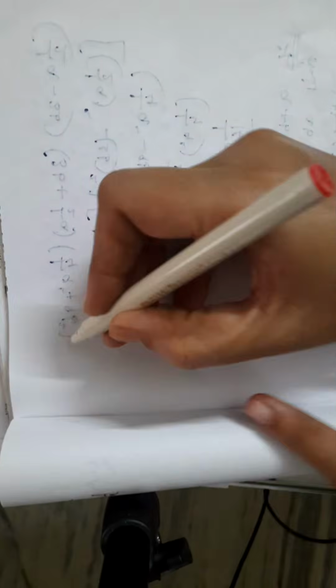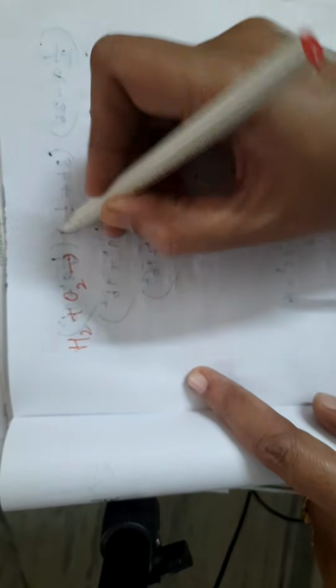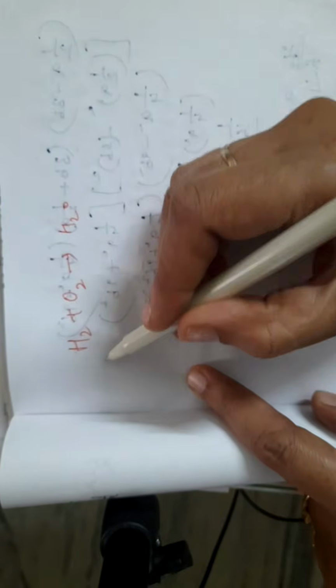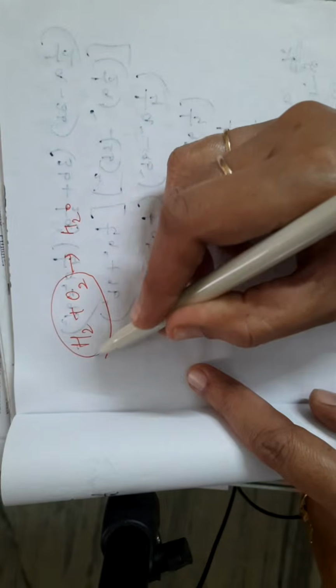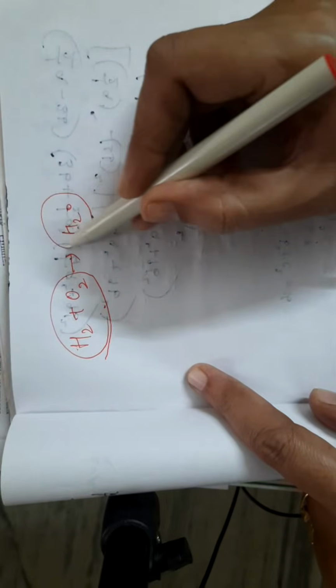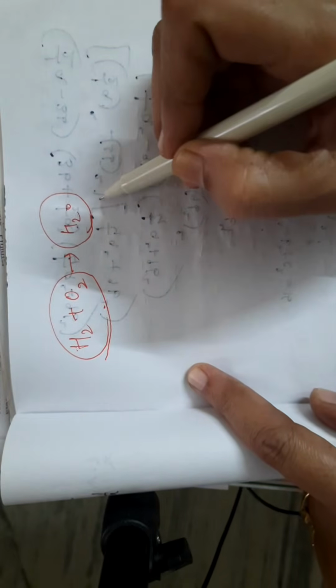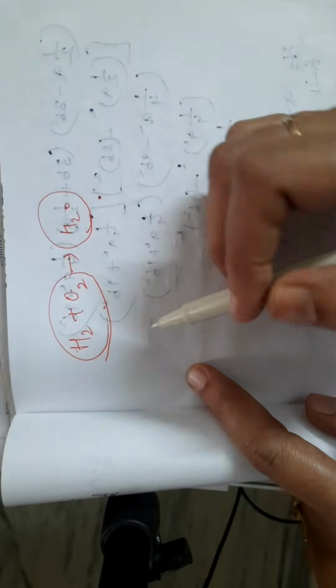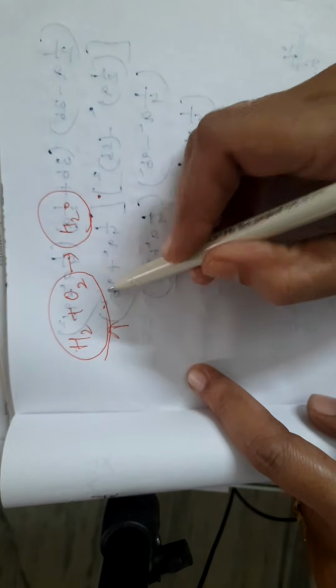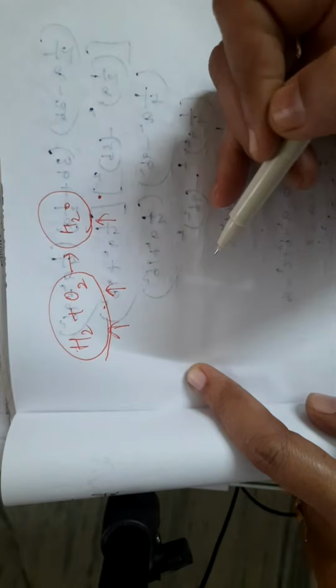For example, hydrogen and oxygen combine to form water. So here hydrogen and oxygen are called reactants, and there is a formation of water. Water is the product. If we see the nature of reactant and product, both are totally different.